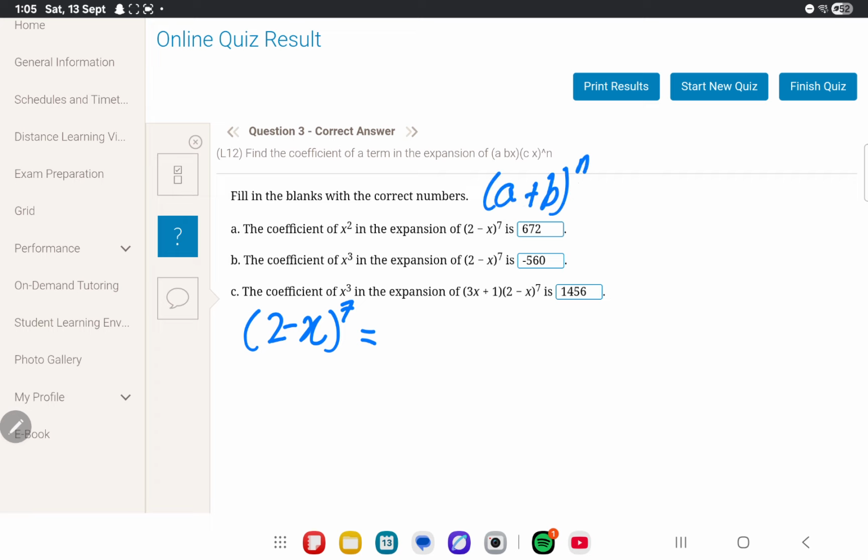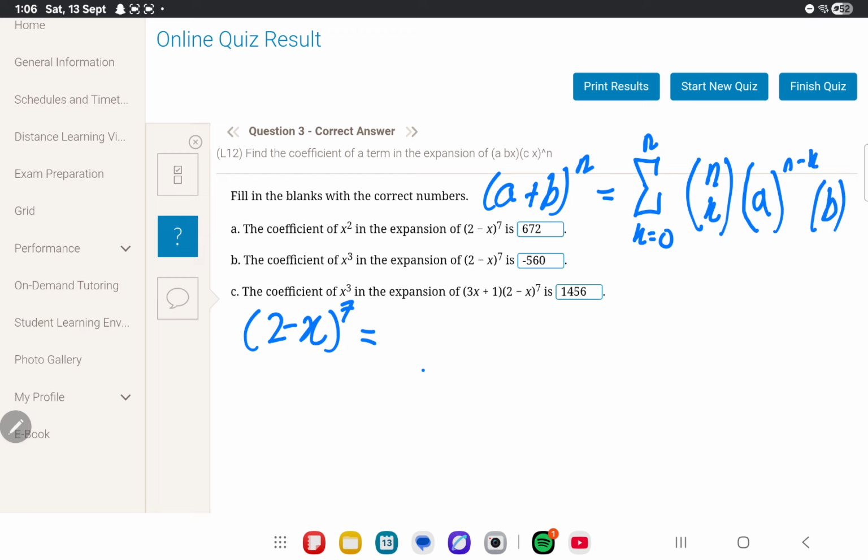If you have a plus b to the power of n, the expansion of this in sigma notation is the sum from k equals 0 to n of n C k, the combination, times a to the power of n minus k multiplied by b to the power of k.